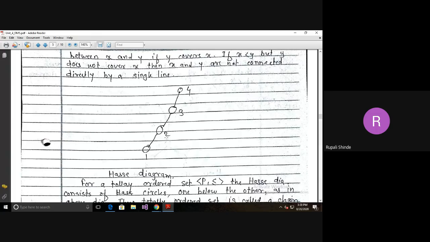Now I have to decide the position for element 1. As element 1 is less than element 2, I should draw 1 below 2. So this is the diagram for these two elements, and this is called a Hasse diagram. That part we will see later, but here just consider that these two elements are connected by one line. So we can say that this is a chain. Okay, so this is a totally ordered set or toset.